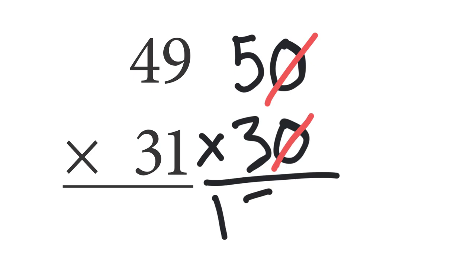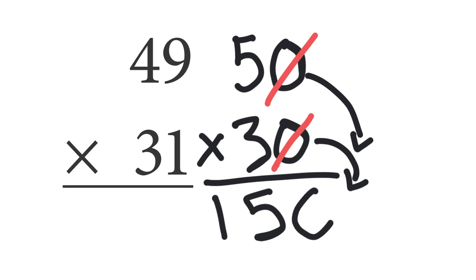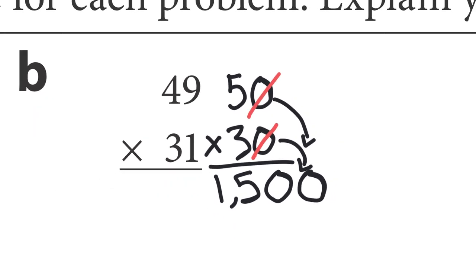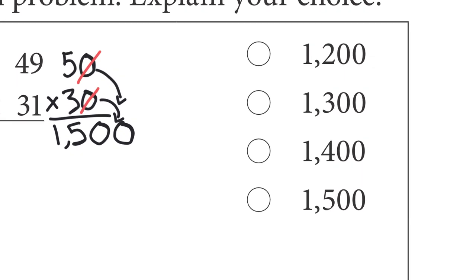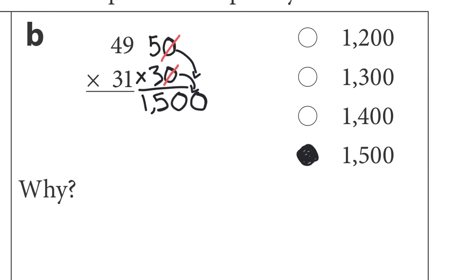We know that's 15. And then I have 2 zeros that I have to add now that the problem is over. 1,500 is my estimate. That's a pretty close answer. It's not exact, but it's really close. What am I closest to? Well, I'm actually spot on with 1,500. And when it asks you why, I would say something like this.